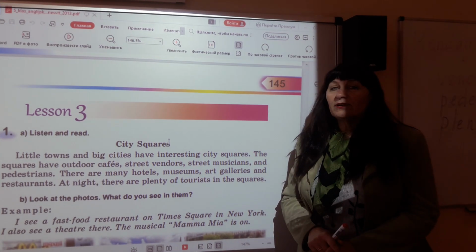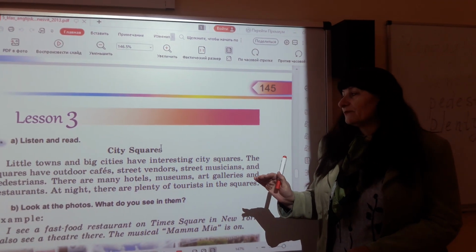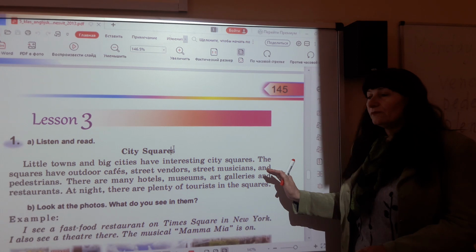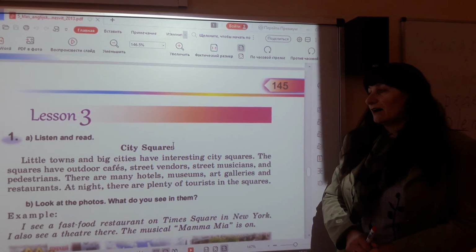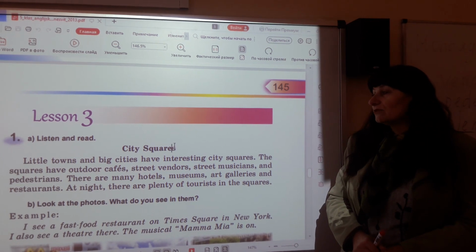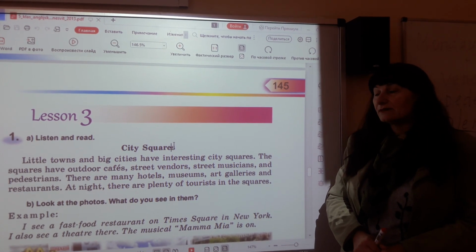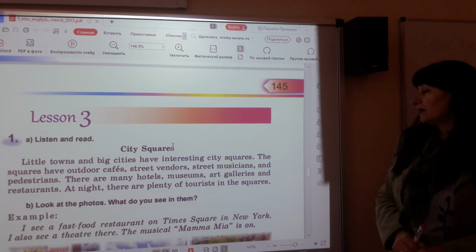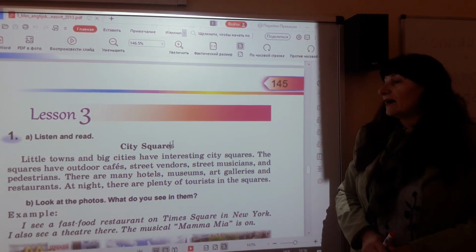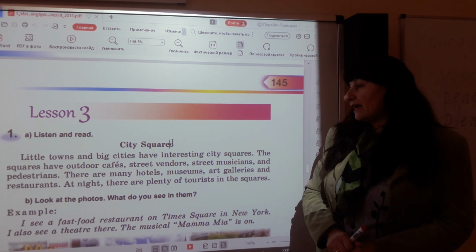Now, I shall read the beginning of the sentence, and you have to follow and repeat to yourselves. Let us start. Little towns and big cities. The next sentence. The squares have outdoor cafes.